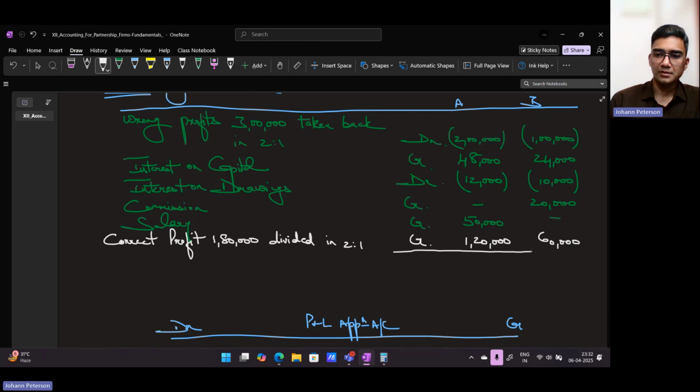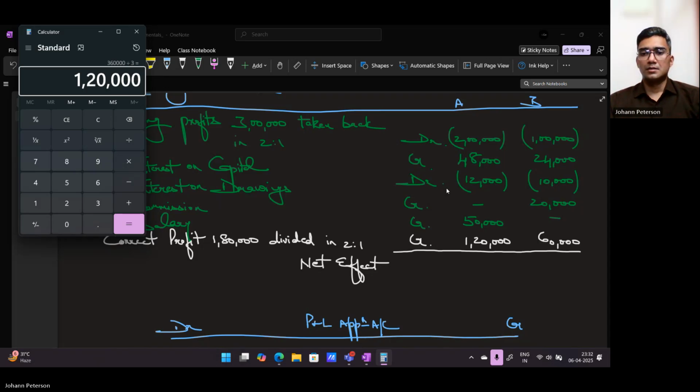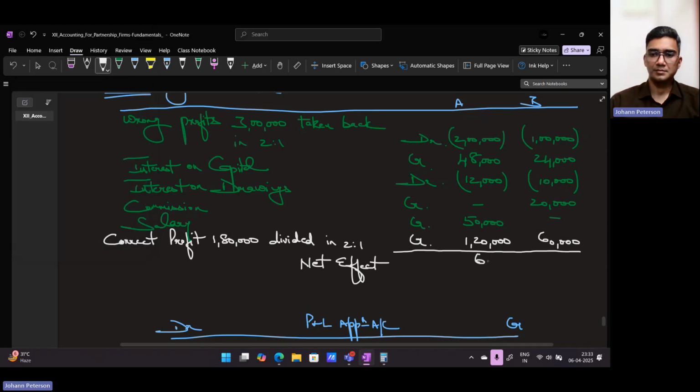Now what is our net? So vertically we have to see. So 120 plus 50 plus 48 minus 212, which is 6,000.